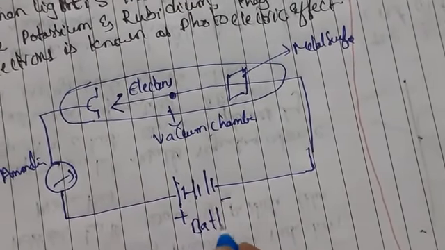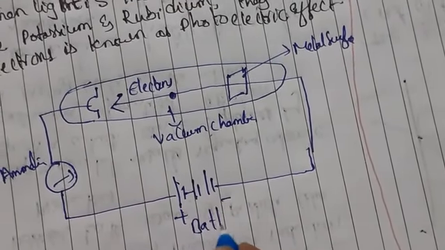Here, what I have told you is that the photoelectric effect is when light is striking a metallic surface. We have taken a clean metal surface inside a vacuum chamber. Here, if you observe, the electrons are being ejected, escaping outside from the metal.